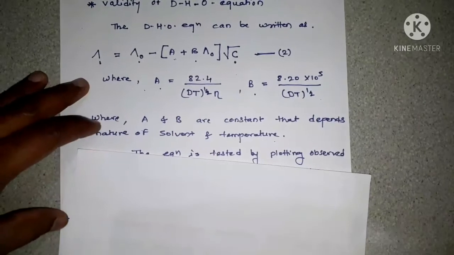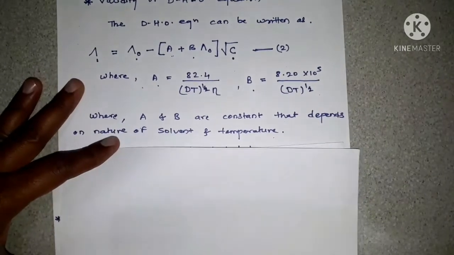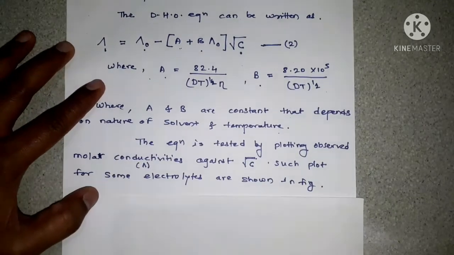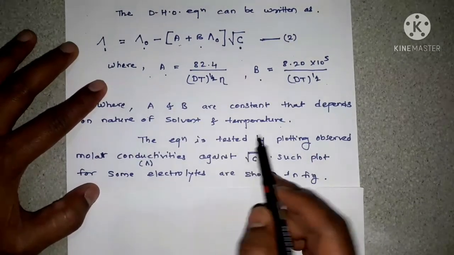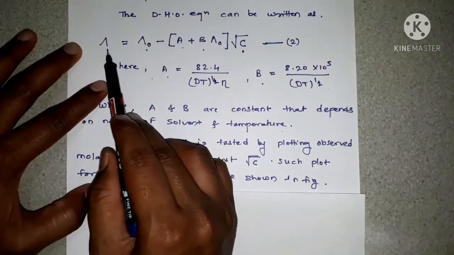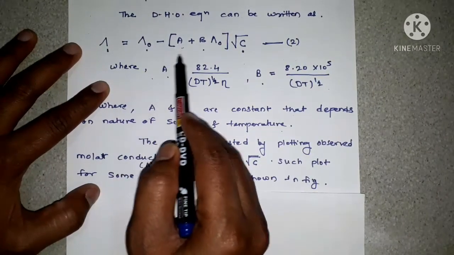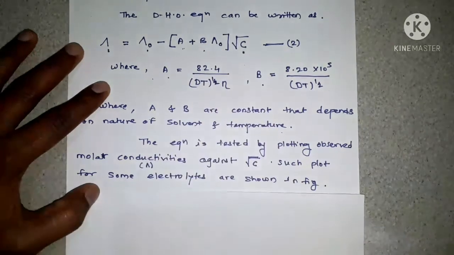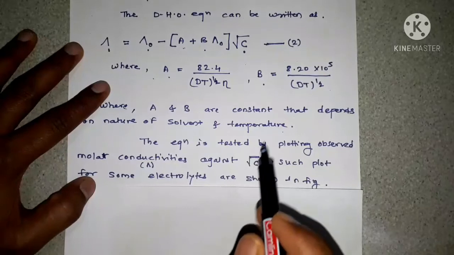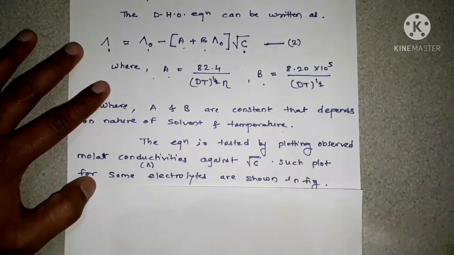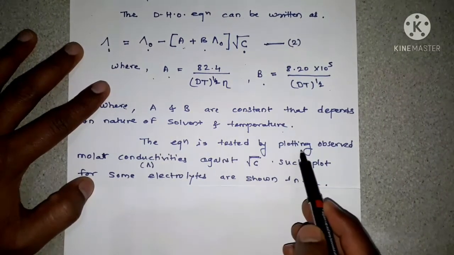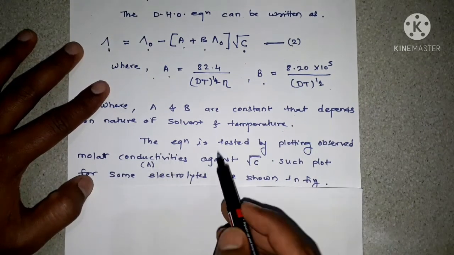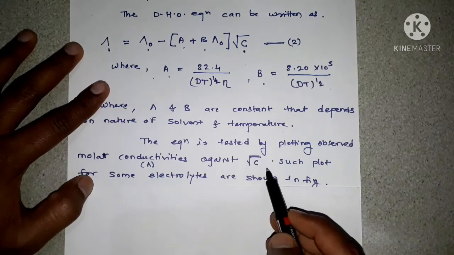Then the next point is the equation is tested. That means this equation, cap is equal to cap 0 minus (A plus B cap 0) under root of c, this validity of the DHO equation is tested by plotting observed molar conductivity, that is cap, against under root of c.